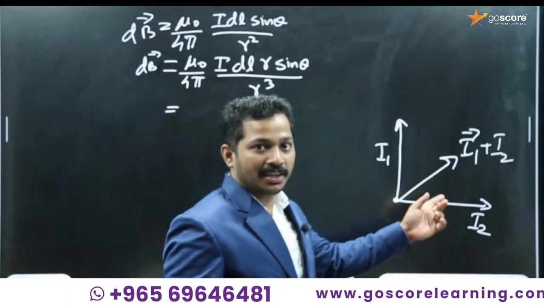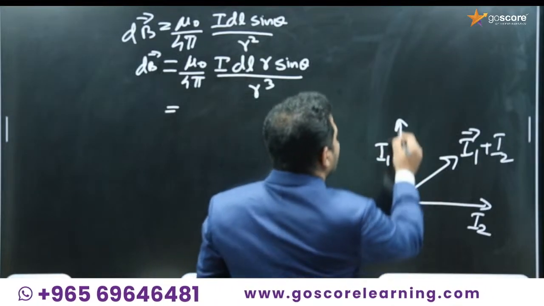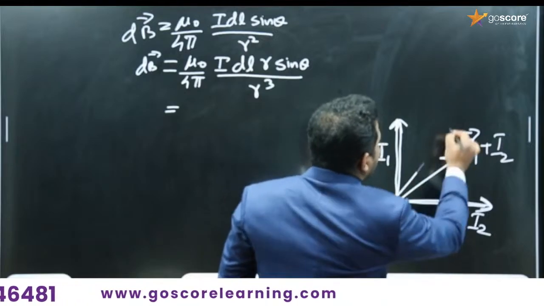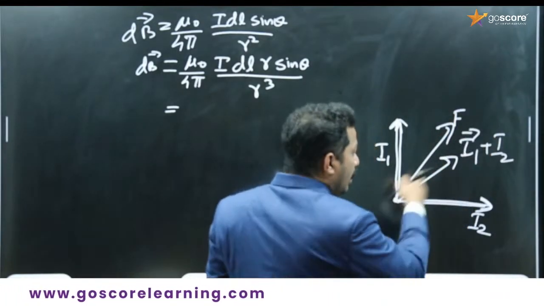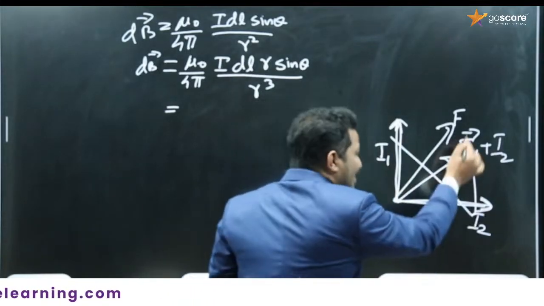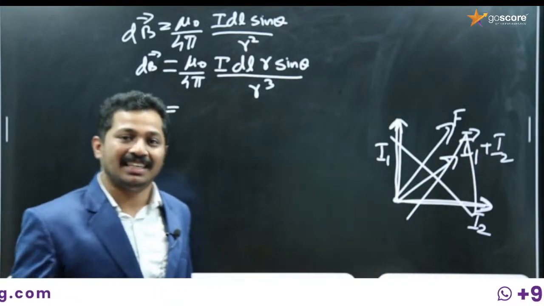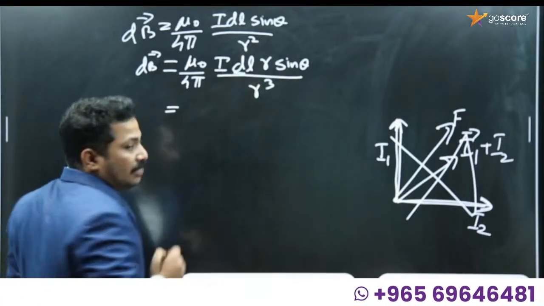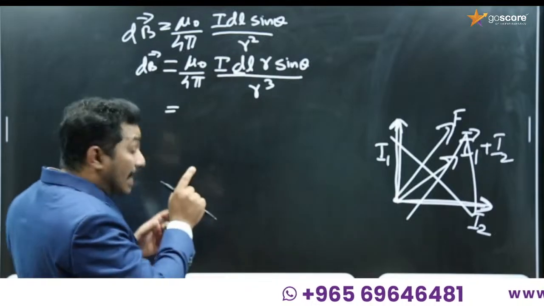So this is laws of vector addition, right? If a force acts in this direction and another force acts in this direction, the resultant force will be between them, right? Does current follow this law of vector addition? No. So current is not a vector. It's a scalar quantity.